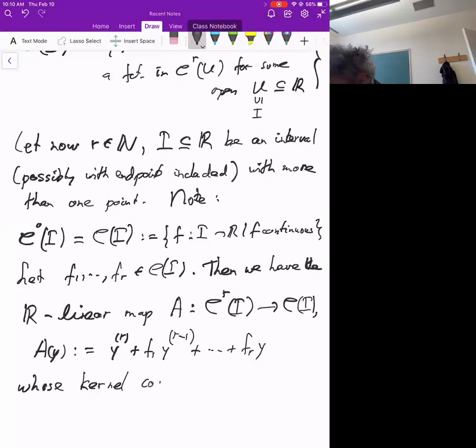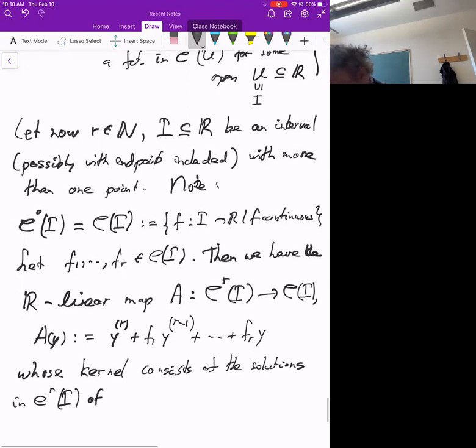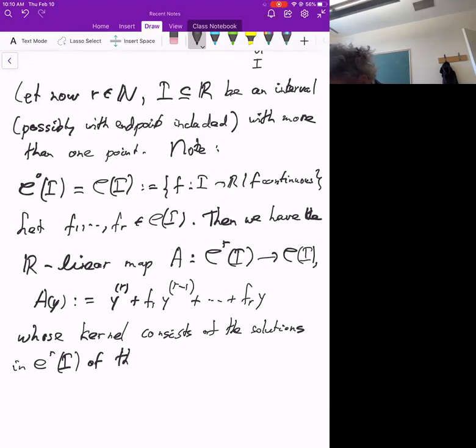This is just terminology that people often use: the homogeneous r-th order linear ODE, ordinary differential equation.